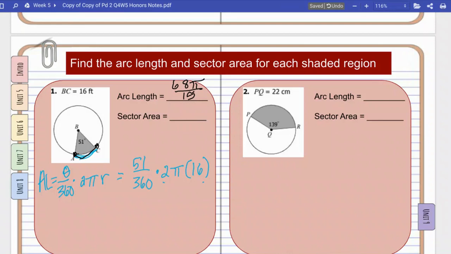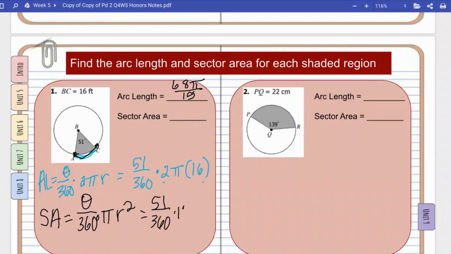So if I want to find sector area, that's our area formula, which is pi times radius squared, but we only want a certain percent. Theta divided by 360 will get us that. So it's still 51 over 360 times pi, but my radius is going to be 16, and then we're going to square that. We're going to leave this in terms of pi, so we're going to do 16 squared in our calculator.